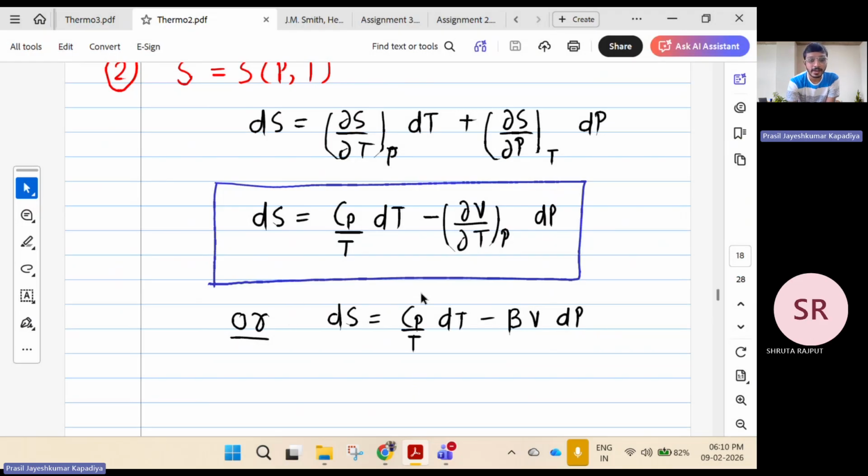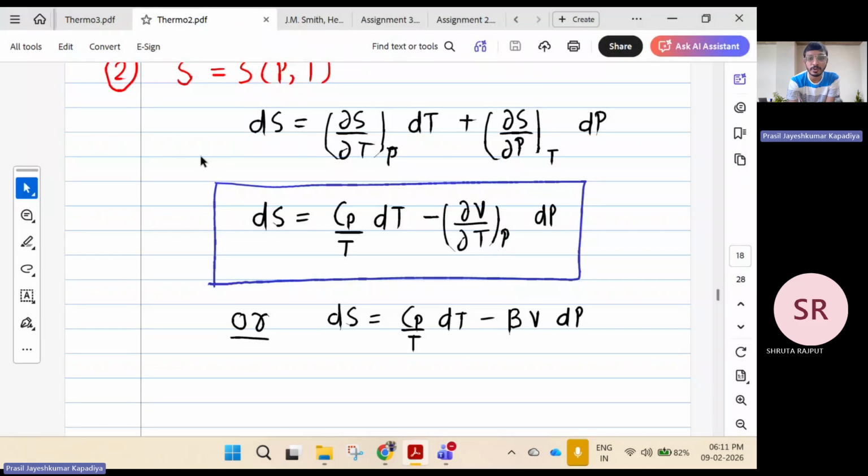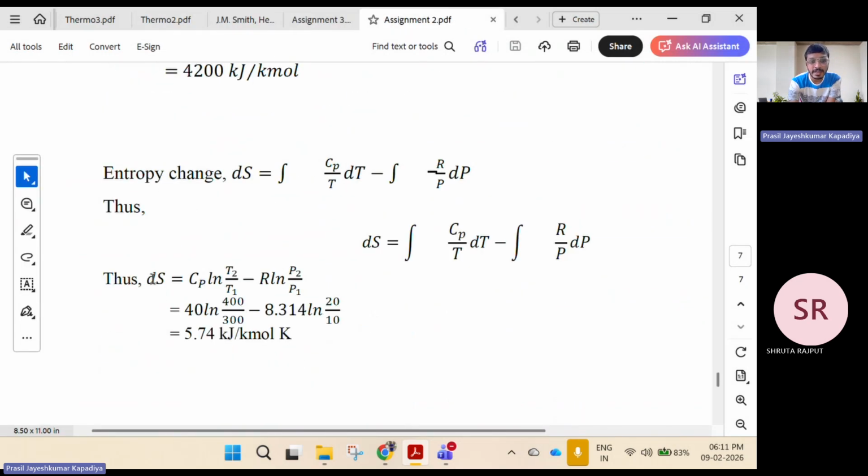That gives us ln T2 by T1 minus, this term is only R by P. Del V by del T at constant pressure is R by P. If you differentiate the volume equation, R by P dP, dP by P is again ln P2 by P1. So you are left with an expression, dS is Cp ln T2 by T1 minus R ln P2 by P1. So you get 5.74 kilojoules per kilomole Kelvin.